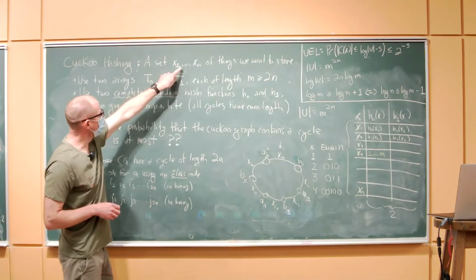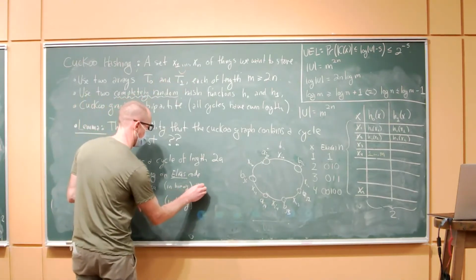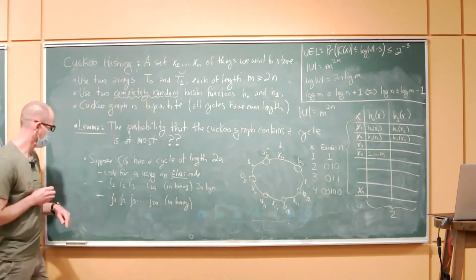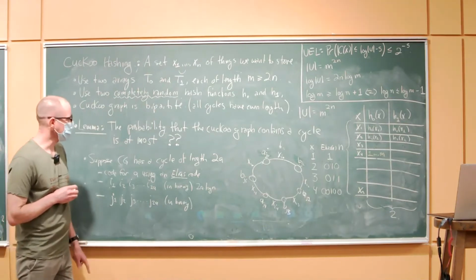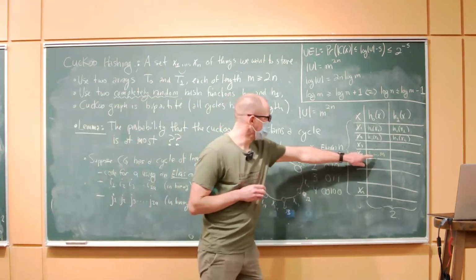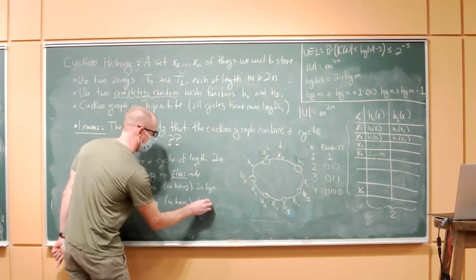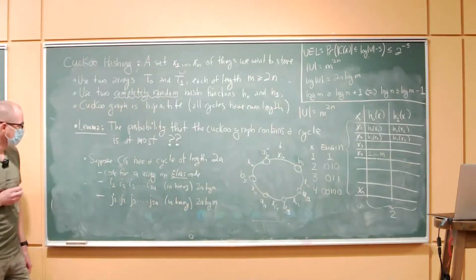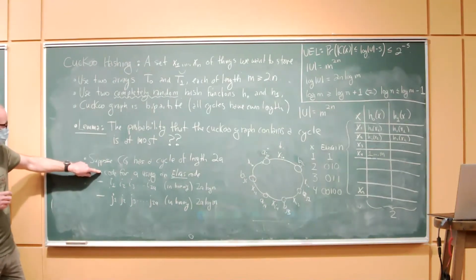So each one is an integer in the range 1 to n. So that is going to be 2a times log n bits. These ones are integers in the range 1 through m. So that's going to be 2a log m bits. This one we'll see in a little bit. We'll study it carefully in a second.